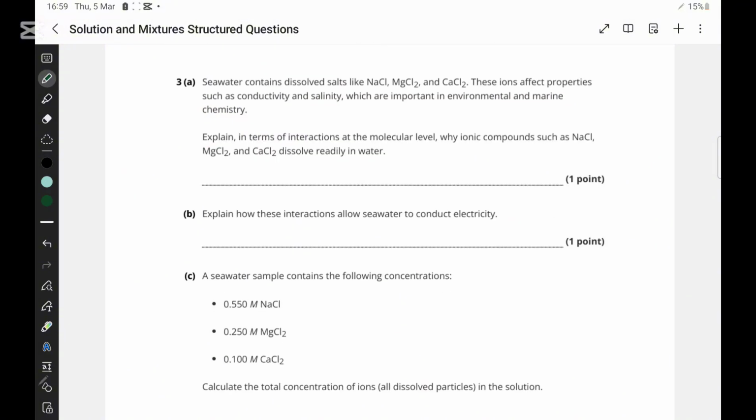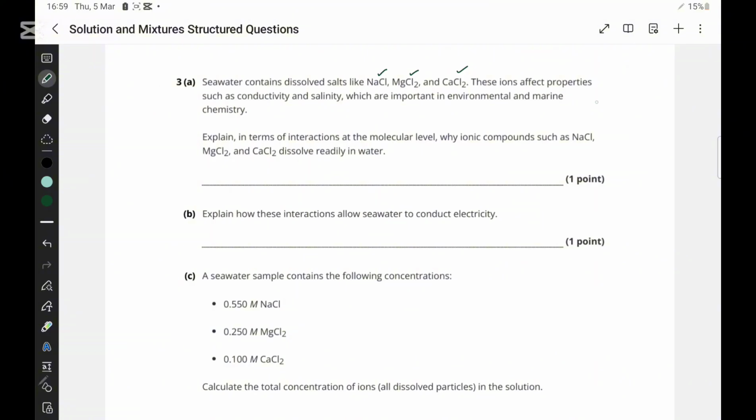They are saying seawater contains dissolved salts like NaCl, MgCl2, CaCl2. These ions affect properties such as conductivity and salinity, which are important in environmental and marine chemistry. Explain in terms of interaction at the molecular level why ionic compounds readily dissolve in water.